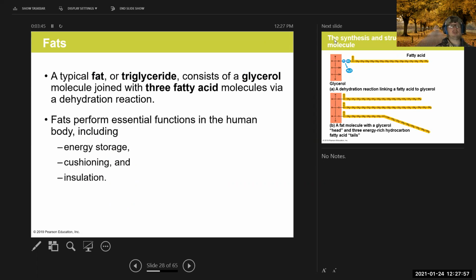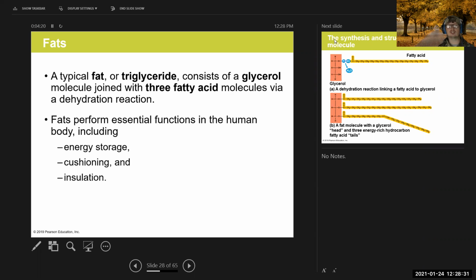And so typically a fat molecule that you probably are thinking about whenever we use the term fat is most often a triglyceride. And a triglyceride molecule is made up of what's known as a glycerol head, a glycerol molecule. And that glycerol molecule will have 3 fatty acid tails that will be linked to the glycerol head via a dehydration reaction.